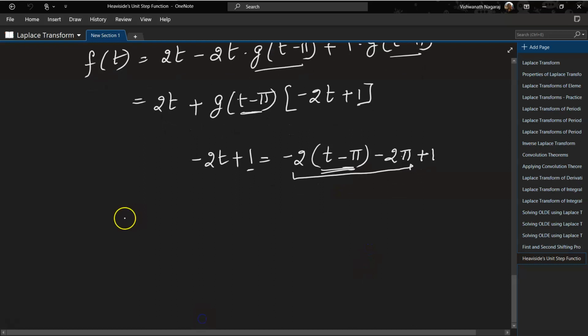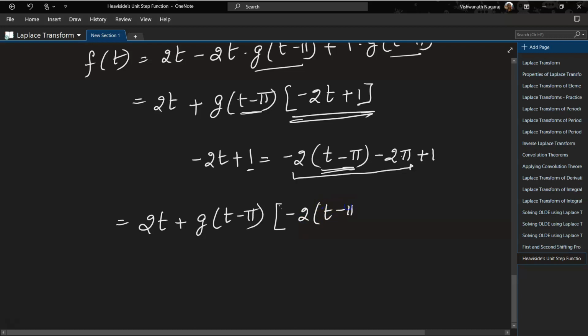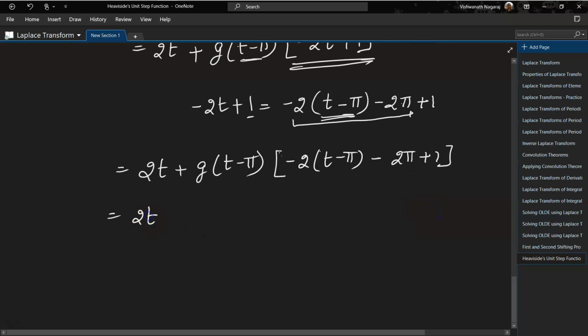So now that we have this, let's substitute it. Plus g of t minus pi, and here what we'll do is this whole thing will be replaced with this. So minus 2 times t minus pi minus 2 pi plus 1. Now let's distribute this g of t minus pi.